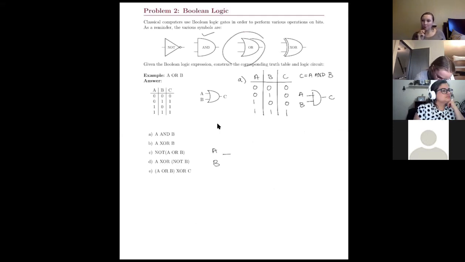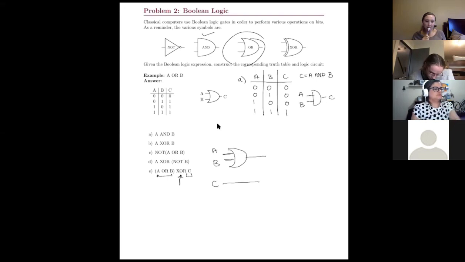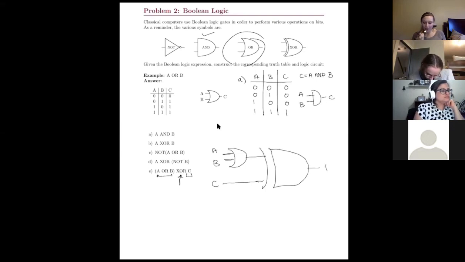So that'll just be like, not the most fabulous artist. Okay, so that's A or B. And then you also have C, which is separate because it's this XOR C. So C is gonna go with A or B and it's gonna go into a big XOR gate, right, like that. And then your output's gonna be something like D.